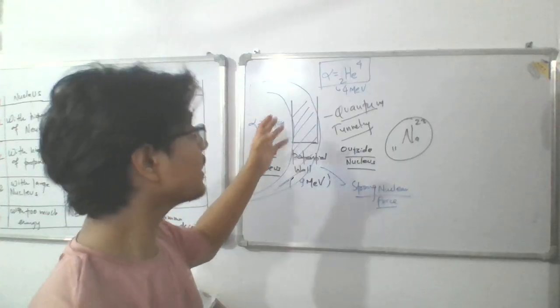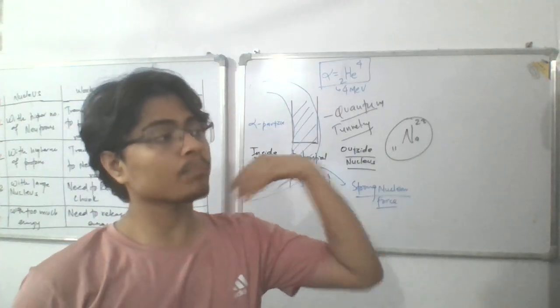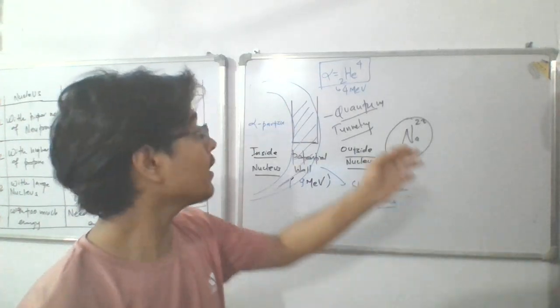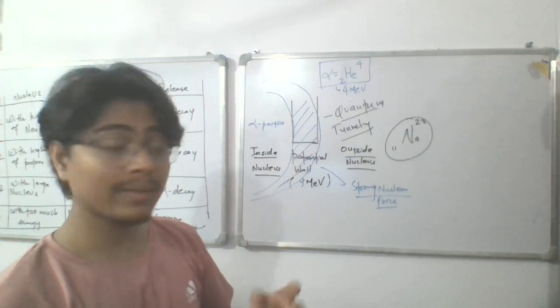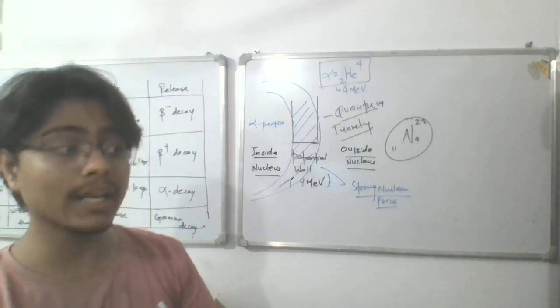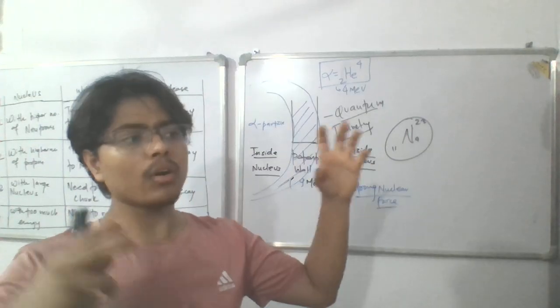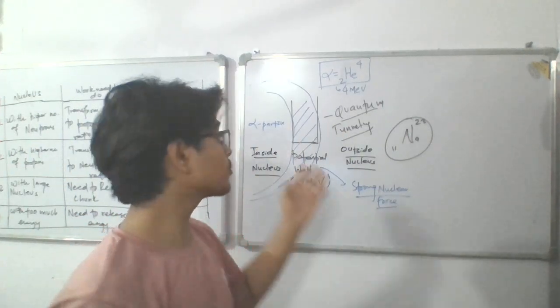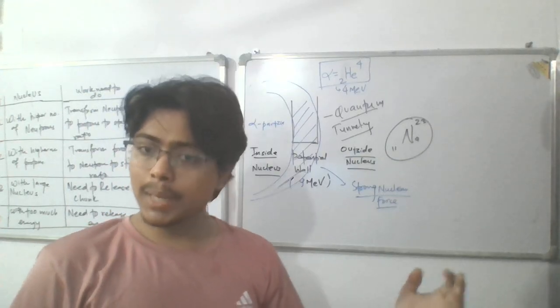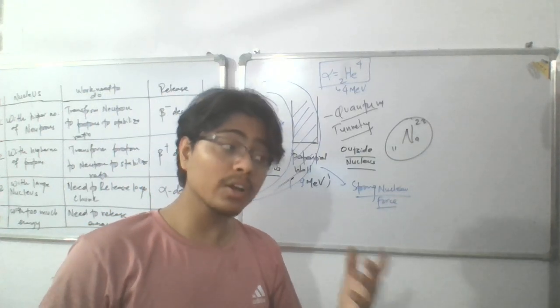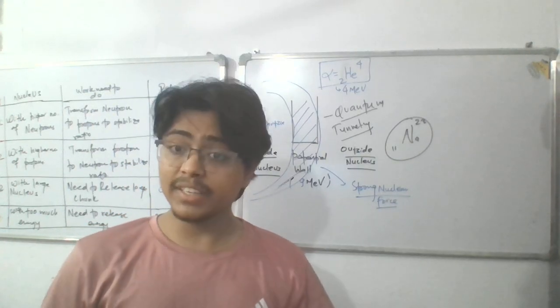Why does it keep throwing small alpha particles at us? The answer is that the probability of throwing that out of this potential well is very negligible. We can't even say that to be a probable event.